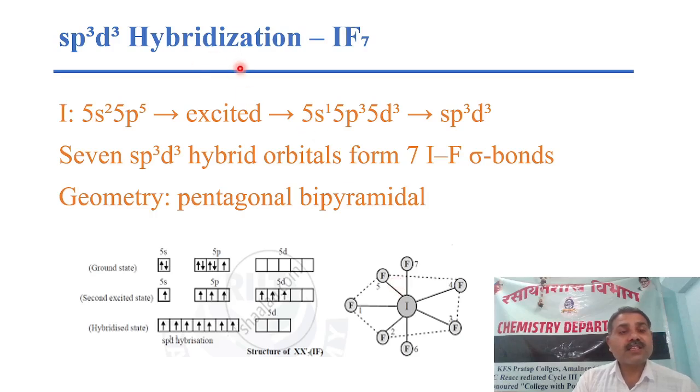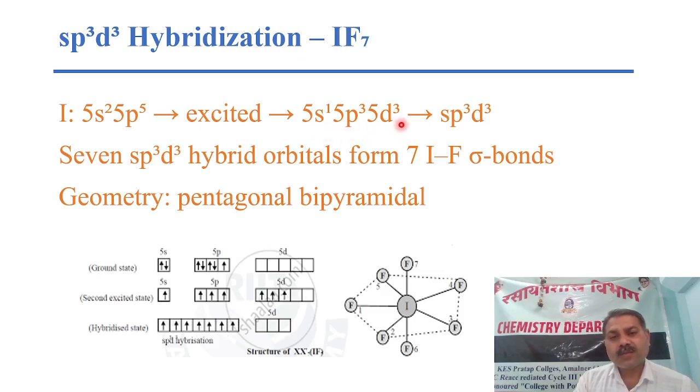Another example is sp3d3 hybridization, that is the IF7 molecule. Iodine is the central atom surrounded by 7 fluorine atoms. Both atoms belong to the halogen family, having 7 electrons in their valence shell. In the ground state, the electronic configuration is 5s2 5p5. When excitation occurs, electrons get shifted to higher energy 5d orbitals.